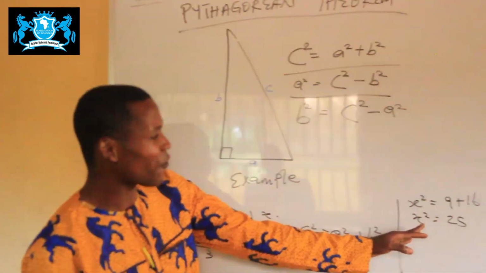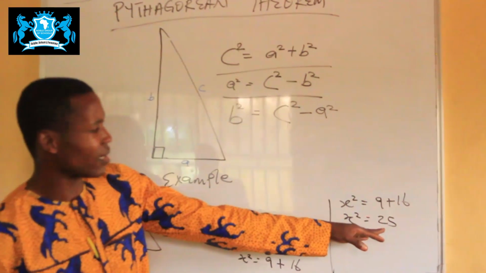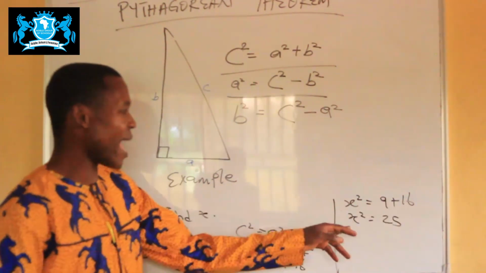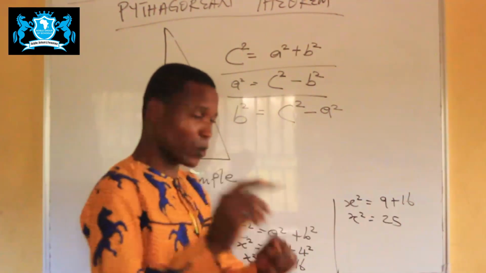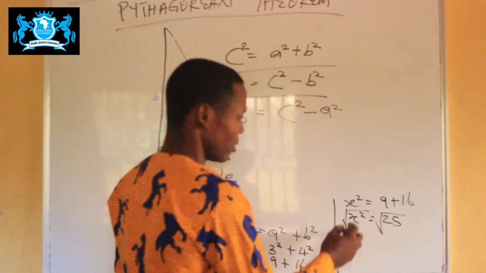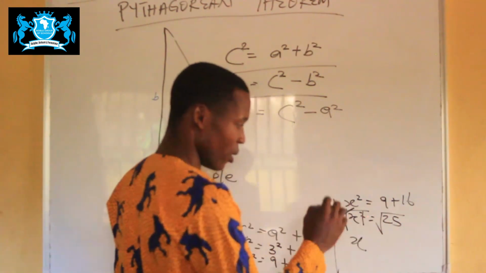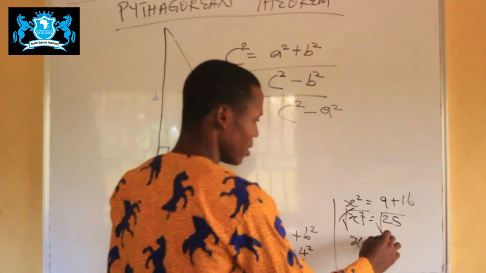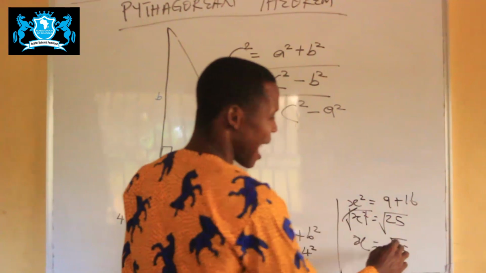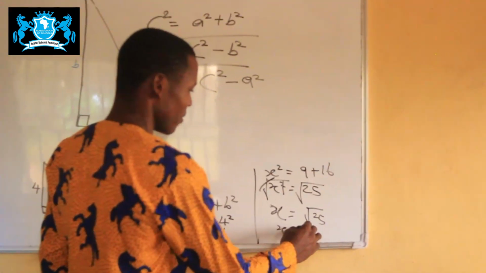Now, how do you find the square root of 25 so that x will be alone? For x to be alone, square root of x squared, square root of 25. The square and the square root will cancel. So x alone will be the square root of 25. And the square root of 25, x will now be 5.